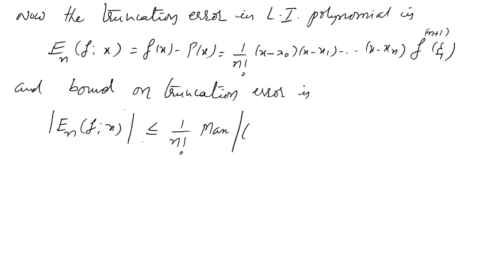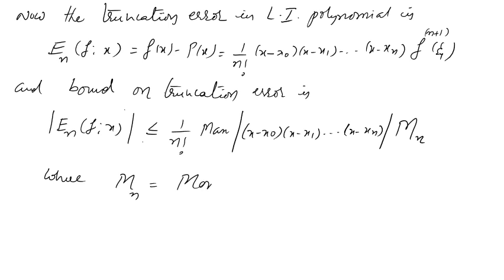Maximum of mod of x minus x naught, x minus x1, and so on, x minus xn, times Mn, where what is Mn? You know, Mn is the maximum of modulus of the n plus 1th derivative, where x belongs to x naught less than or equal to x less than or equal to xn. That's it. Generalization. This is the error bound. Okay. With this, Lagrange's interpolation derivation is finished.